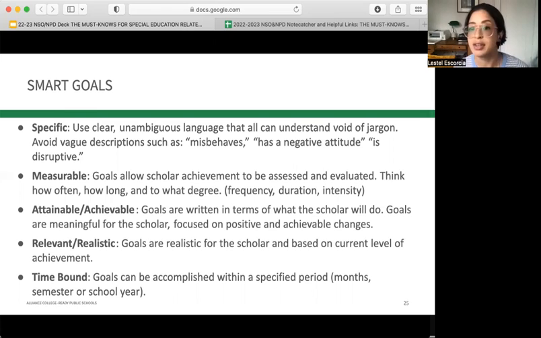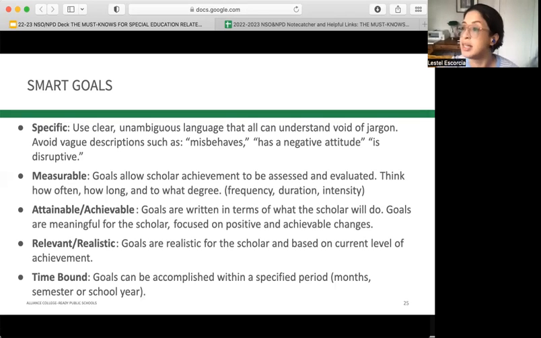And then just making sure that it's realistic, right? Making sure that it makes sense that the student will be able to, within a year, learn the skills and practice strategies to achieve what the goal says.